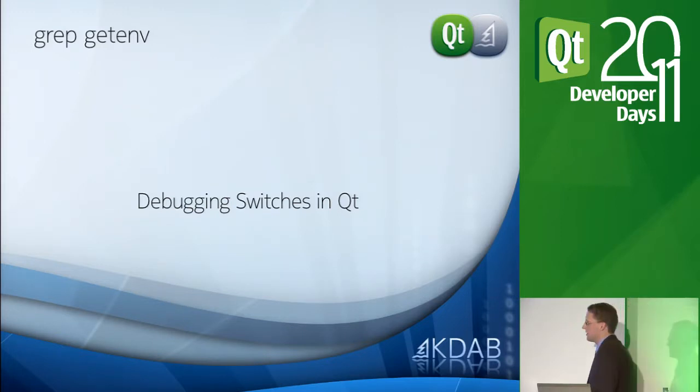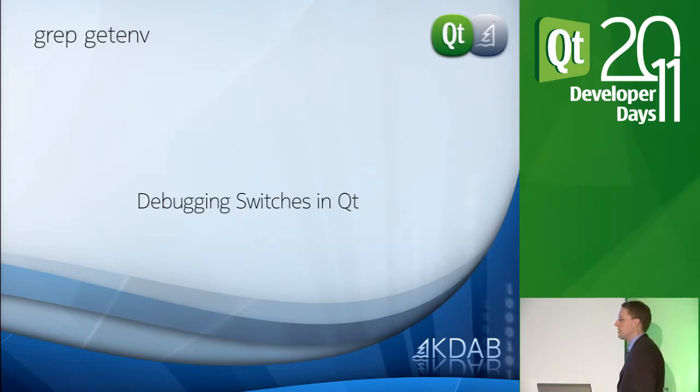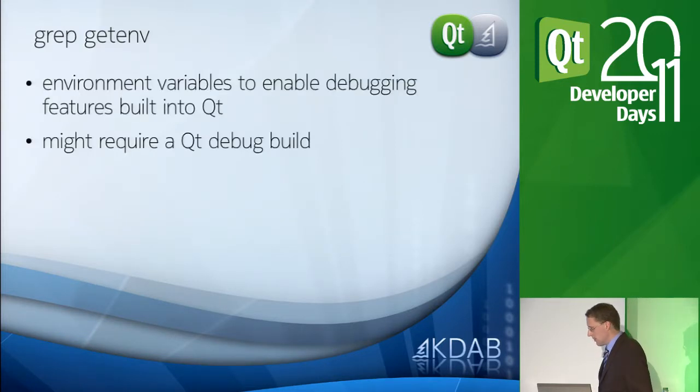If you grab through the Qt source code for getEnv, the method to read environment variables, you will find all kinds of interesting bits of code that evaluate random undocumented environment variables, and as a result of that, enable some debug output or do some extra checks. And many of them, unfortunately, only work in a debug build Qt.